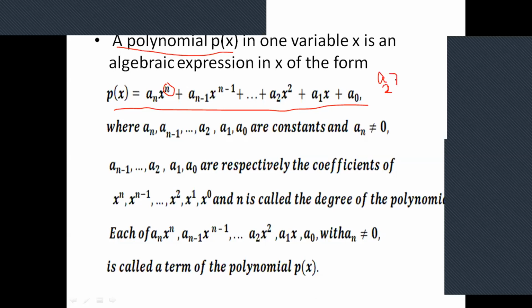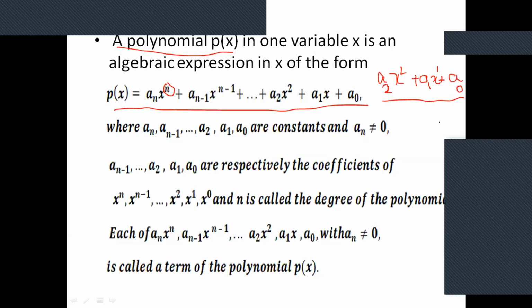Okay, so it becomes a2 x squared, and then you have a1 x to the power 1, finally a0. You have a0. Okay, so this is the standard form we get from there.